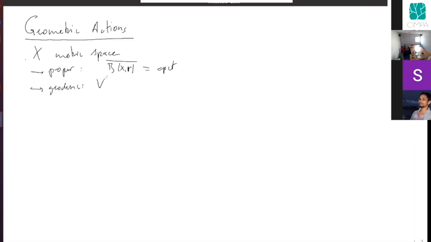So it means that each time you pick two points, x and y, you can find a curve of length exactly the distance between the two.